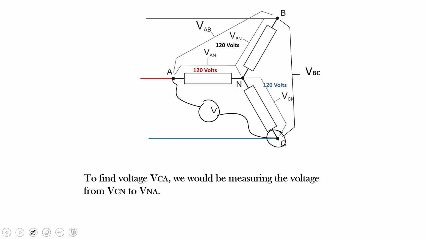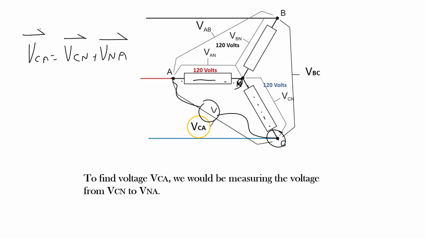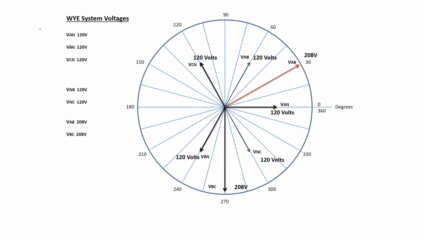So I have to go from C to N, and then from N to A. So there's our formula: voltage CA is equal to voltage CN plus voltage NA at their respective angles. Add them up vectorially.